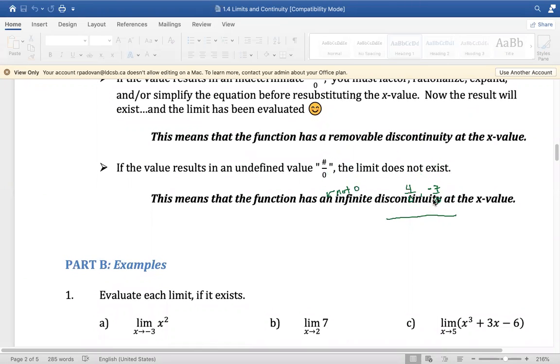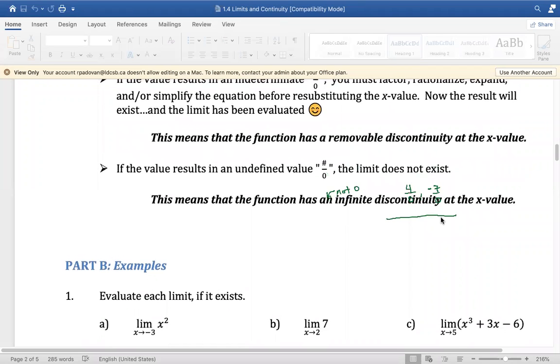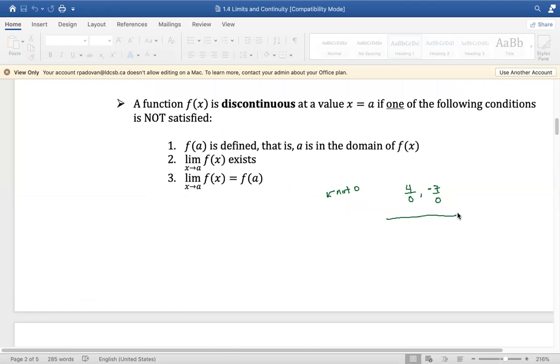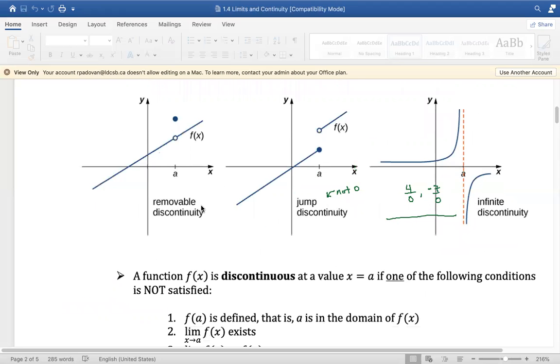So that would be the jump discontinuity. Just moving this up, sorry, so you can see that. And it would look like a piecewise. For jump discontinuity, which we haven't done, we've looked at an example now of removable discontinuity algebraically and infinite discontinuity.